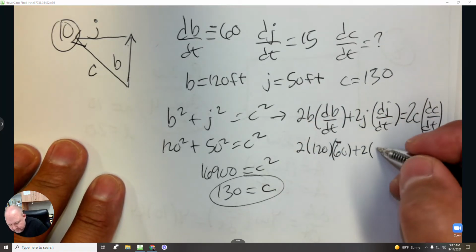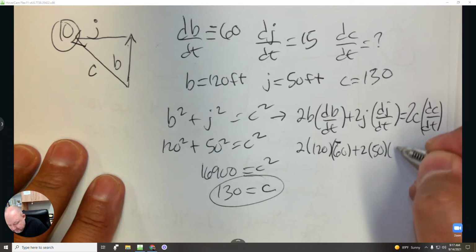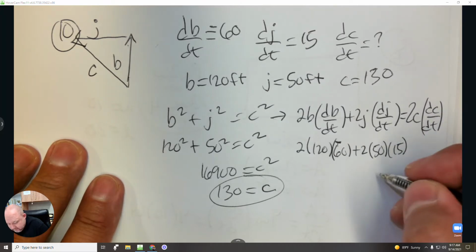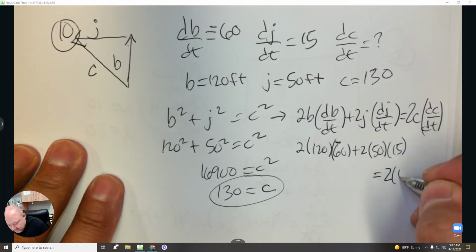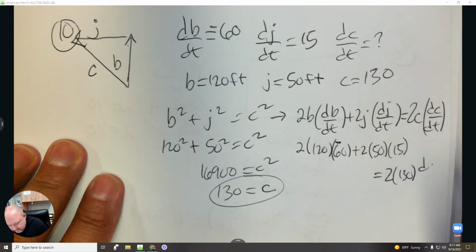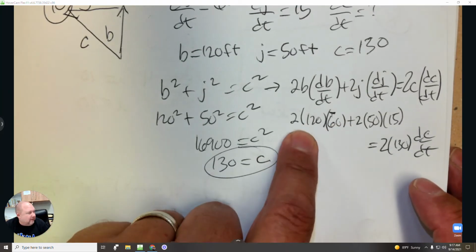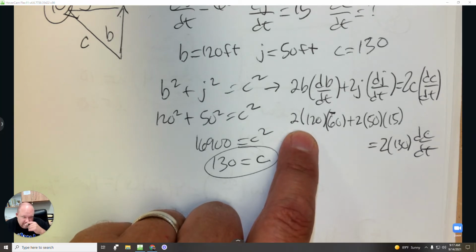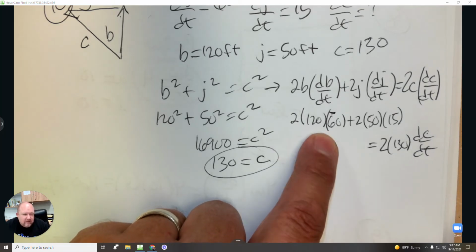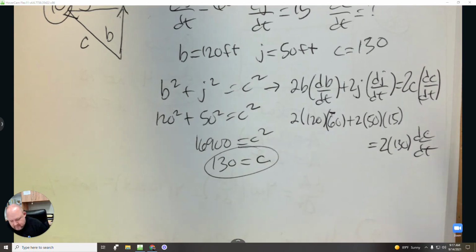J is 50. The rate for J is 15. It is getting bigger, so it's positive. C, we said 130, and I'm looking for this. This is my goal at the end. Kind of ran out of space there. So if I multiply that together, that's negative 1,140, 12 and 12.